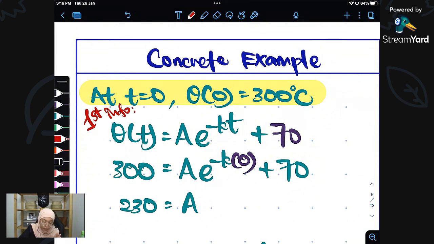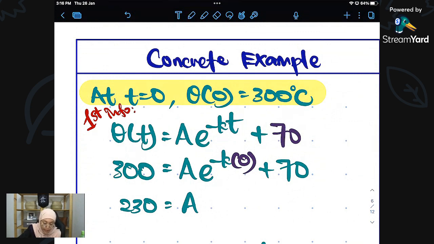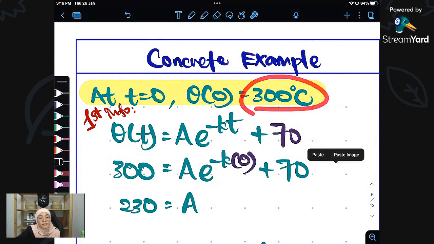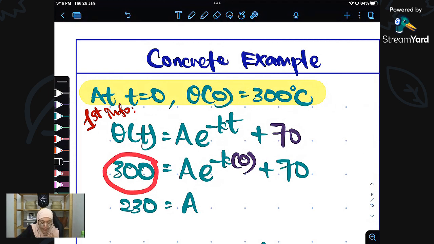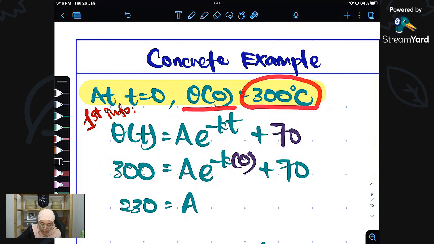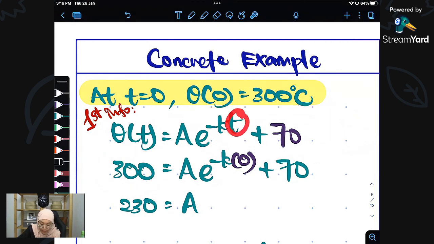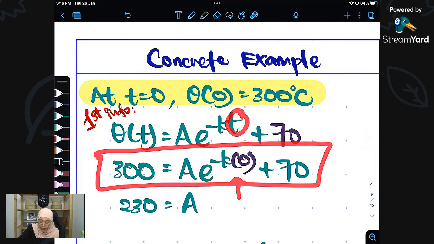So the first info here said that at time t, initially at time t, the temperature is 300 Celsius. So I put the time t here. The time t pula. I put the theta lah, the temperature theta 300 ke dalam kita punya general solution, sub it in and then put in the time t0 in it, in this general solution.